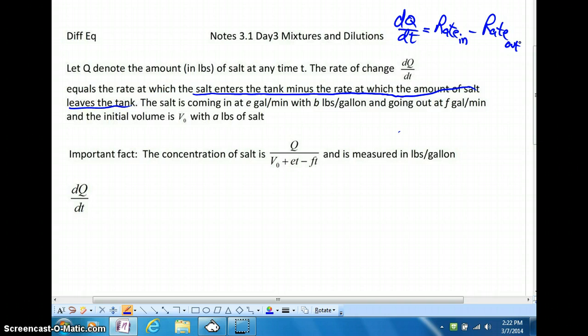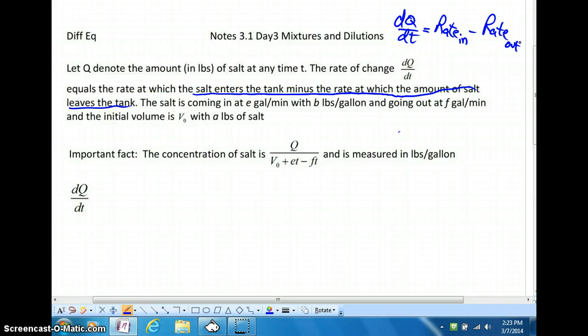What if things are changing ever so slightly? What if the rate of flow coming in is greater than the rate coming out? You'd imagine that water level, that saline level, would continue to rise. And that affects the concentration of salt in the tank, of course. When we're talking about the concentration, we're talking about pounds of salt over how many gallons we have.